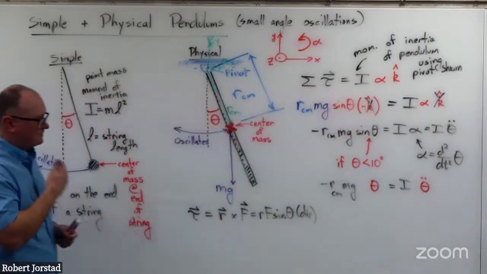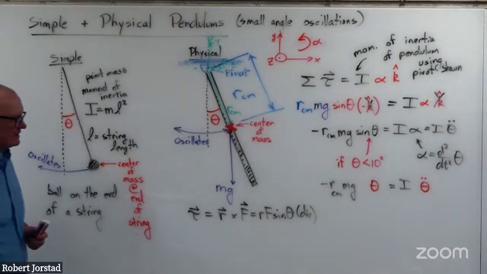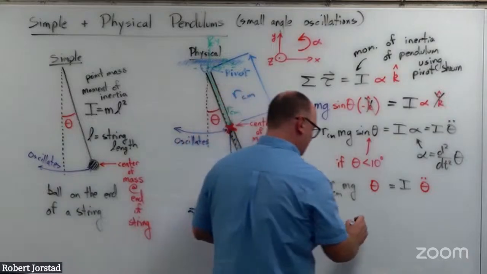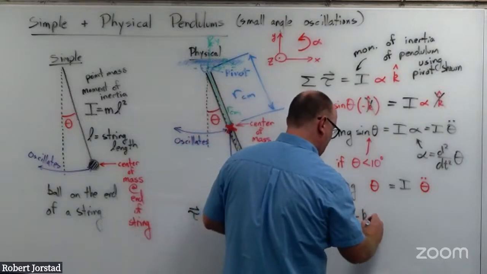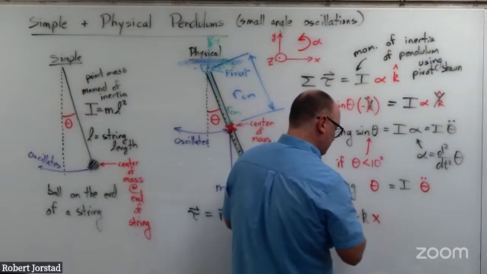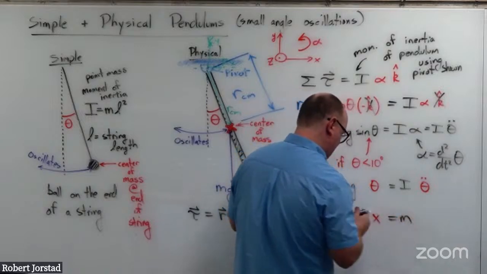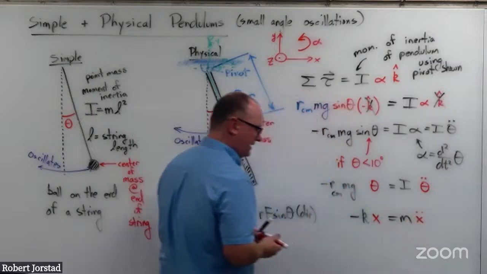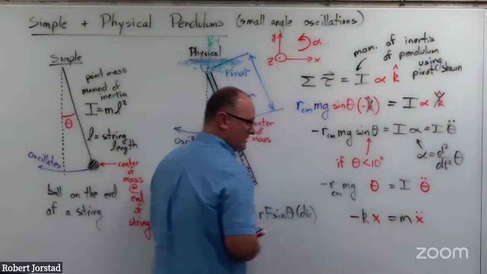Now, in this case, maybe this reminds you of another equation we got. We had another problem, minus kx was equal to mass times acceleration, which acceleration was x double dot. This was for a mass on a spring.